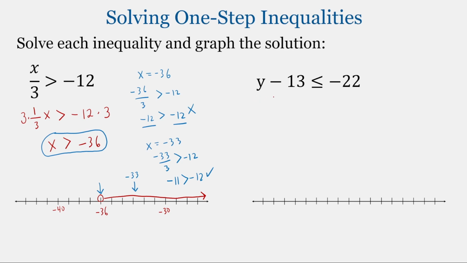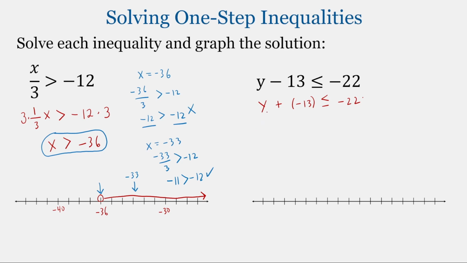Using the properties of addition to solve this fourth problem, I will rewrite this using addition. So we have y plus a -13, because subtraction is the addition of a negative.